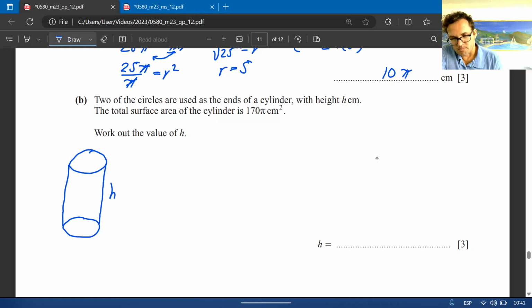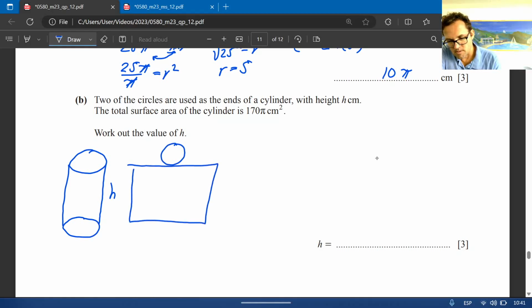Now remember, the total surface area of a cylinder, let's just draw the net. That's the net. So you have to open the cylinder. It's two circles, the height is here. Okay, what do we know?